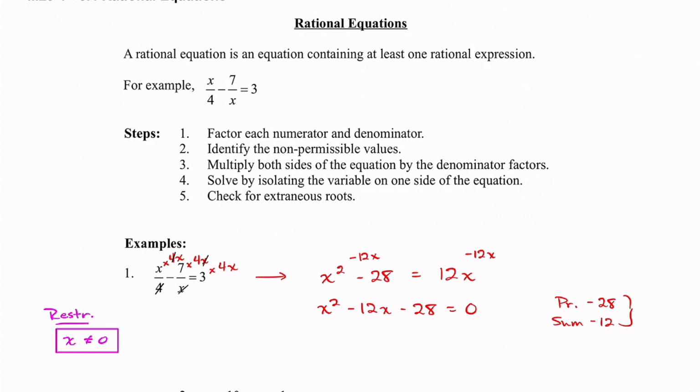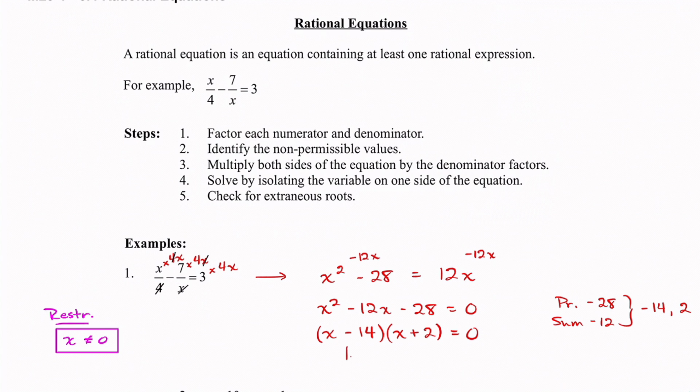So two terms that multiply to negative 28 and sum to negative 12. That's going to be negative 14 and a positive 2. So it breaks apart into x minus 14 and x plus 2. And then we still have equals 0. Don't drop this equals 0, because if you drop that, it's no longer an equation.